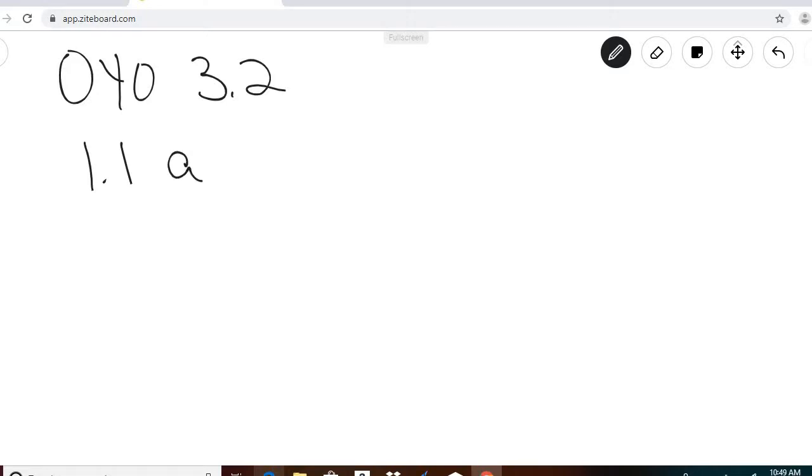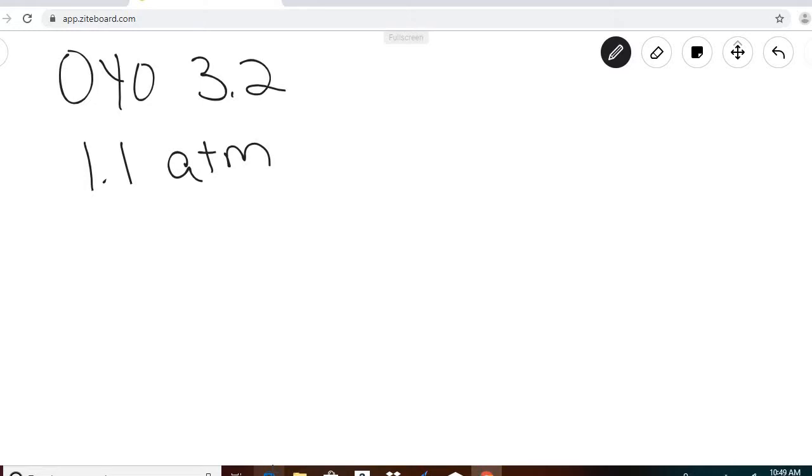Okay, then let's look at On Your Own 3.2. It says that the atmospheric pressure is 1.1 atmospheres. Which of the following values for atmospheric pressure would you see in the weather report?